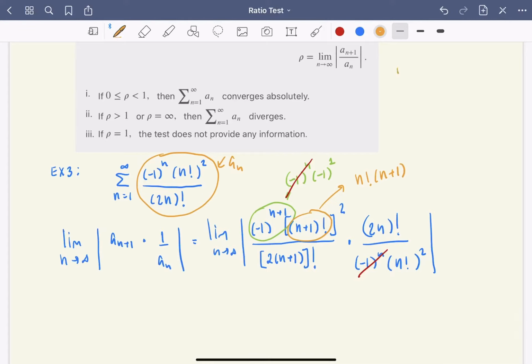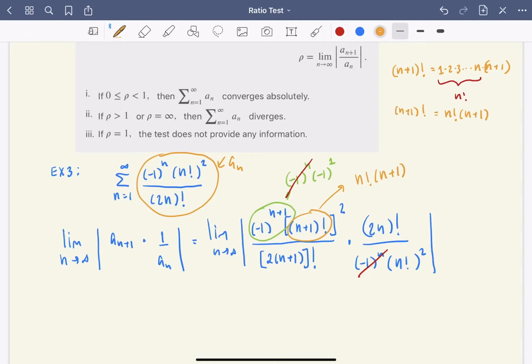Actually, I have done it in the previous example. (n plus 1) factorial means 1 times 2 times 3 times up to n times n plus 1, and we see that this part is n factorial. That's why (n plus 1) factorial is equal to n factorial times n plus 1.